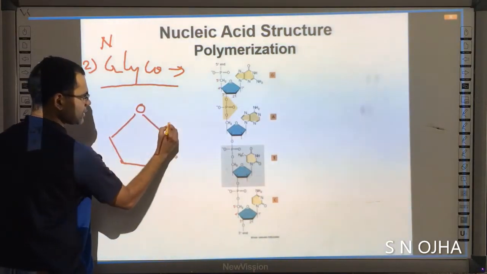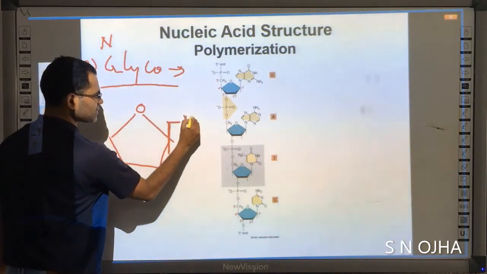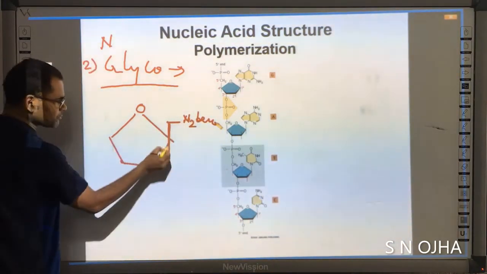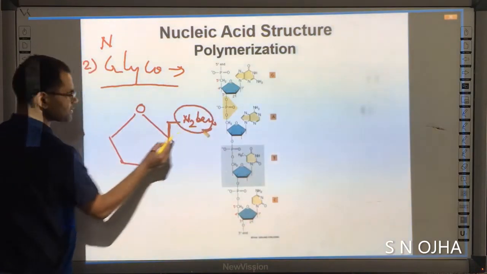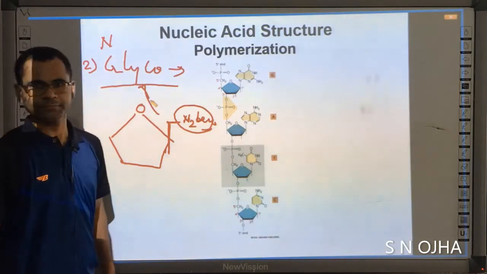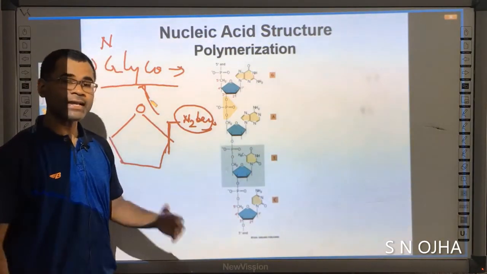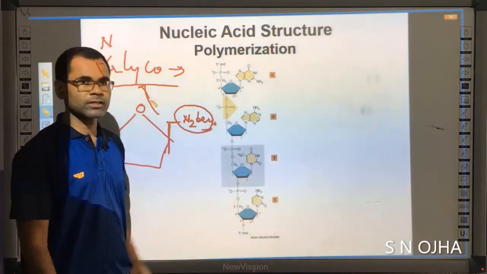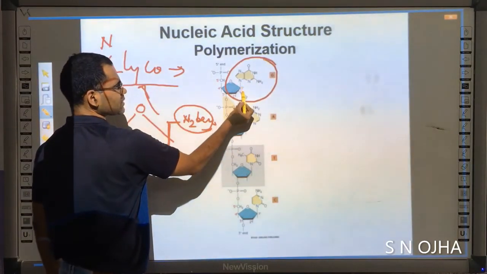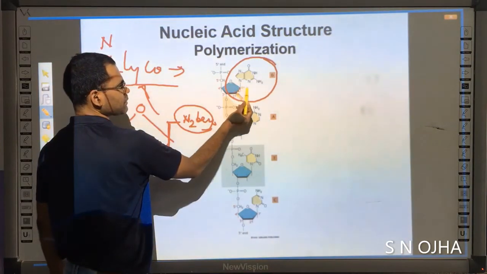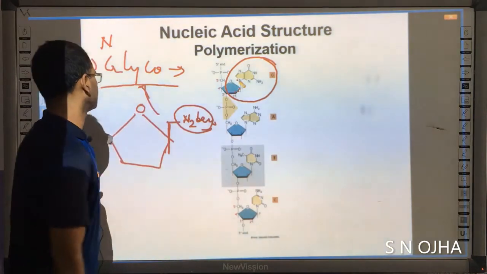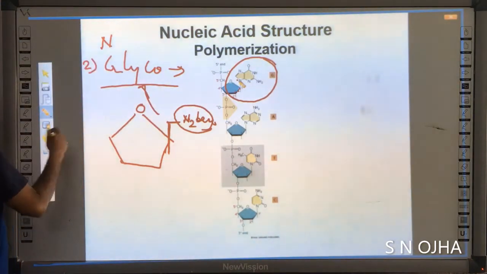From the first carbon, the nitrogenous base is added. And this bond through which a nitrogenous base is attached to the sugar is termed the glycosidic bond, or N-glycosidic bond, because a nitrogen is involved. As you can see here, guanine is attached. This is the first prime carbon, and it has a bond with the nitrogen. So that's why it is 1 prime nitrogen.